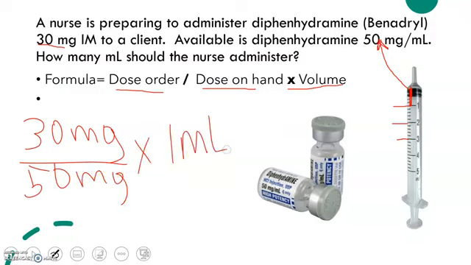So let's calculate. Milligrams cancel milligrams, 0 cancels the 0. 3 divided by 5 gives you 0.6. Then I'm going to multiply it times 1 ml, which will give me 0.6 ml.